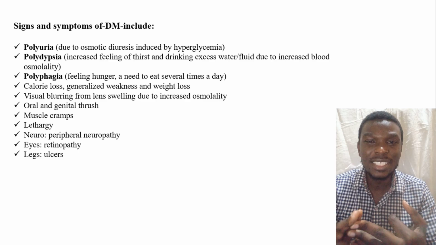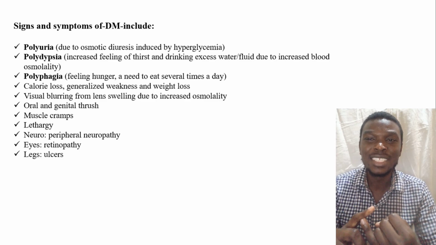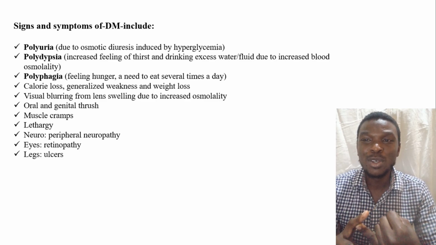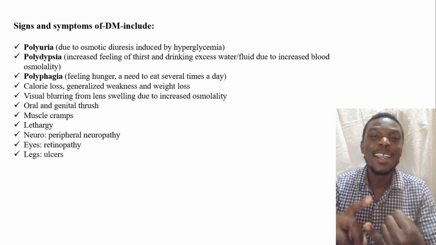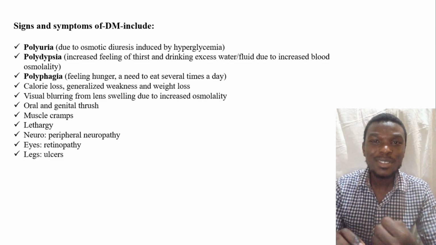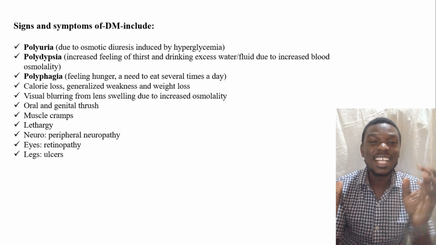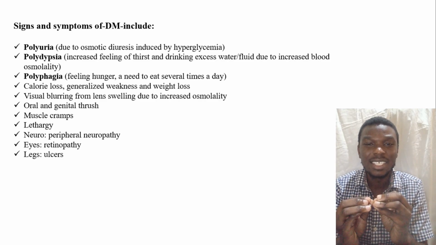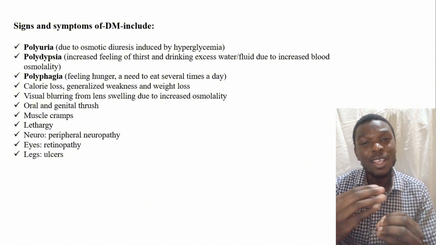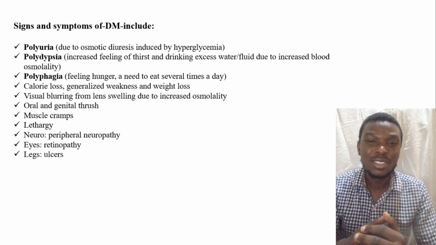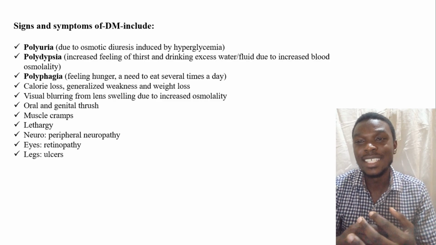So you say, I know the patient has polyuria because of osmotic diuresis, because of hyperglycemia. The sugar is attracting more water into the urine. So as a result, the patient will be peeing a lot. So there will be frequent urination in these patients.